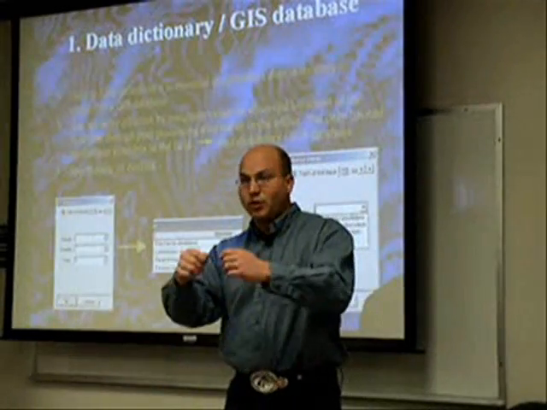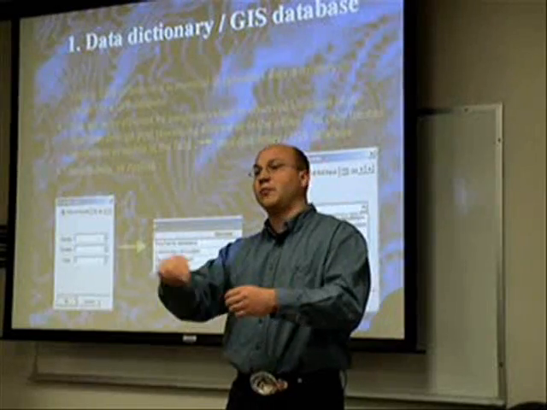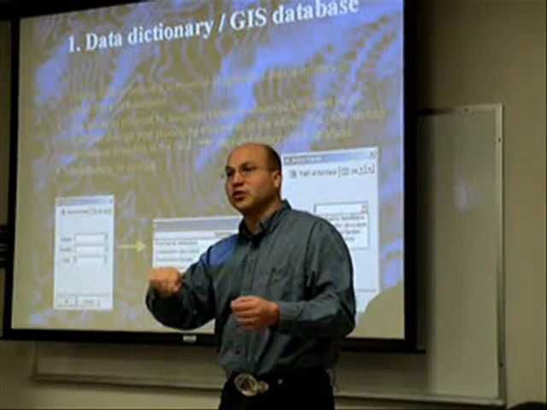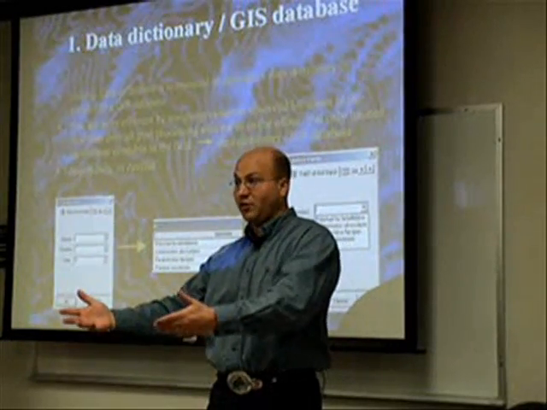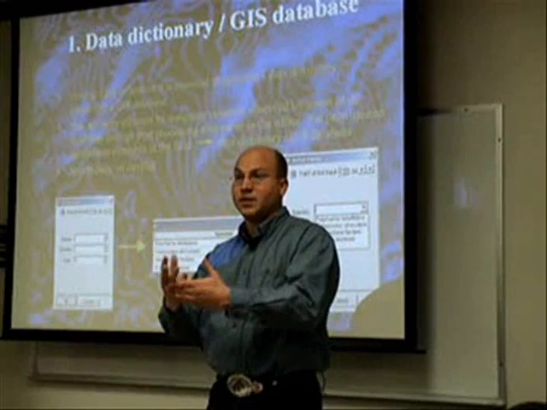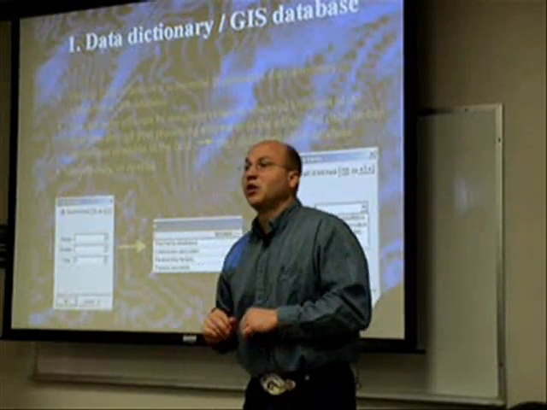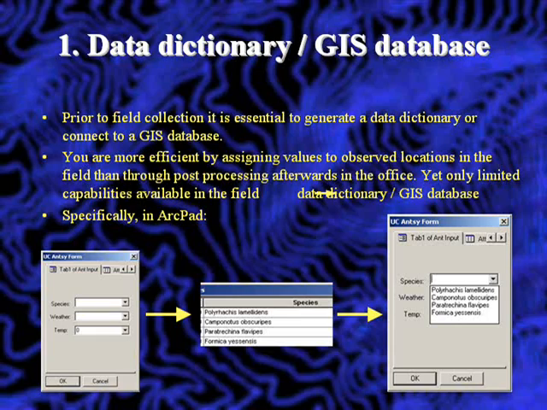Some people just record a point location, and then they write on a sheet of paper whatever they saw out there, right? That's not very efficient, because you then have to go in your office and combine those two. So you still have to input your data. The data dictionary or the database actually allows you very easily to connect what you see out in the field with that location that you record. Now also keep in mind, when you have one of these GeoXT receivers, you don't necessarily see a keyboard on those.